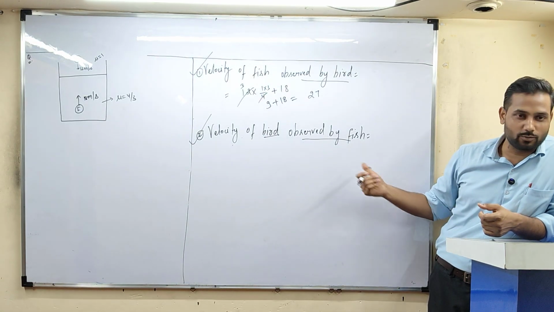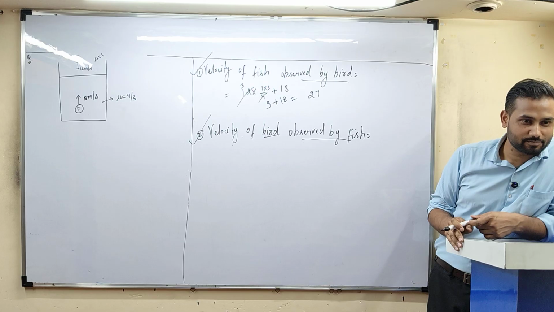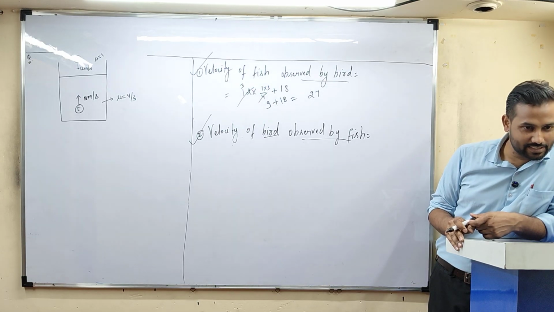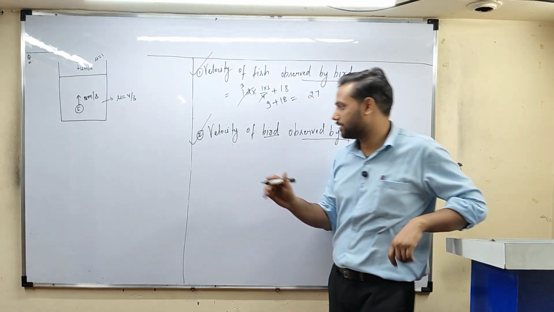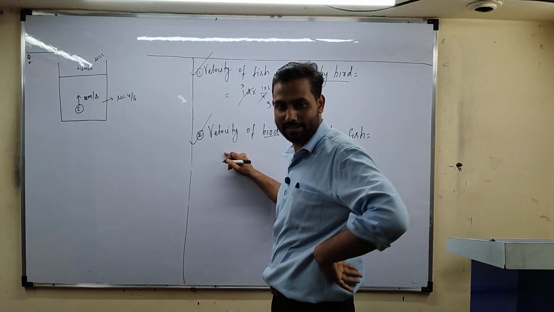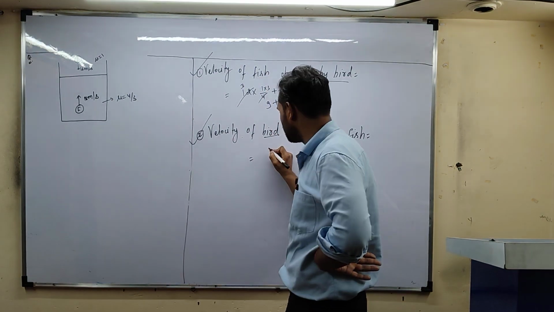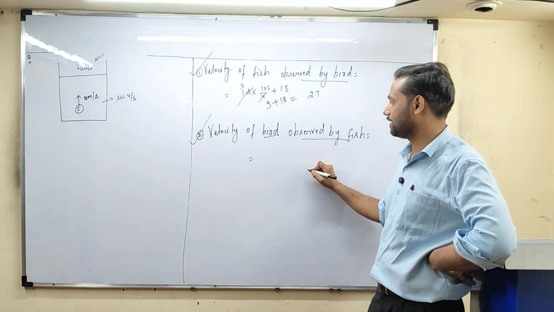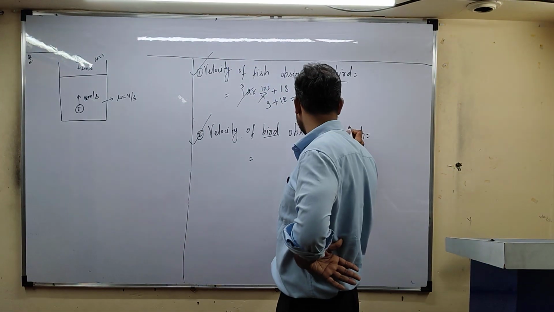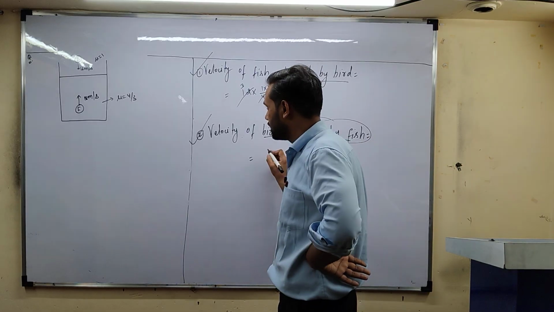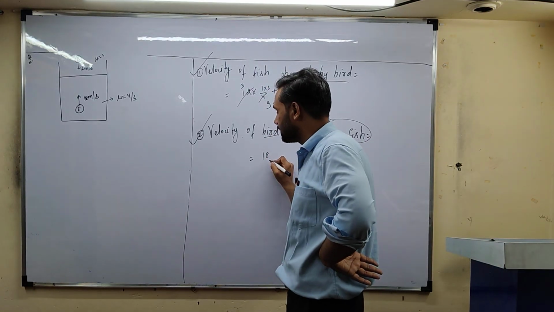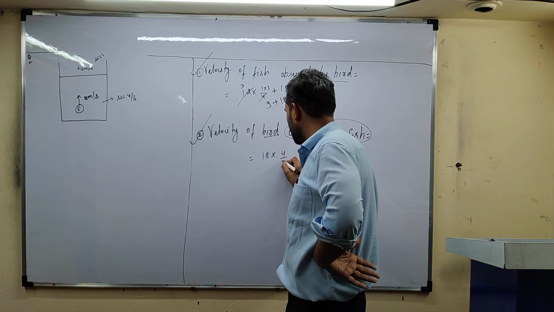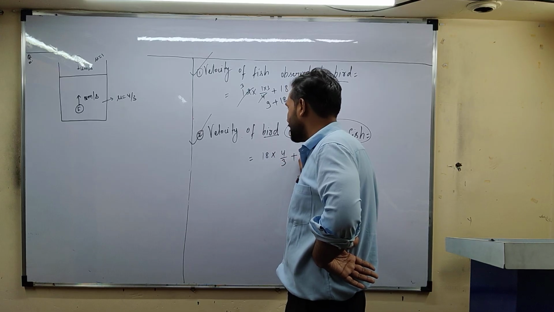Okay. What about the second question? 36? How? Tell how to solve this particular question. 18. Here the observer is fish. 18 into 4 by 3 plus 12.